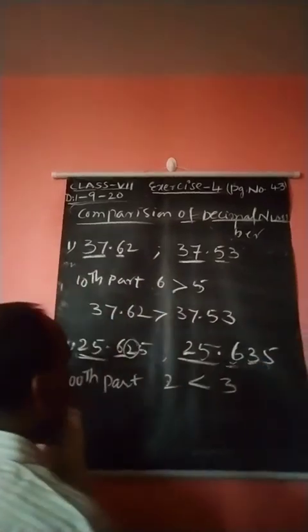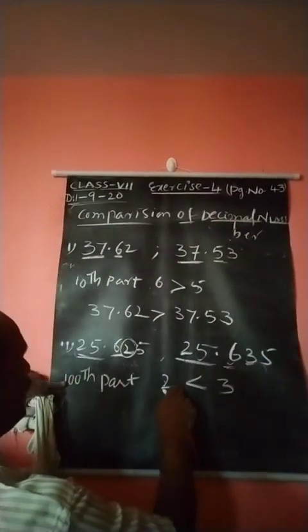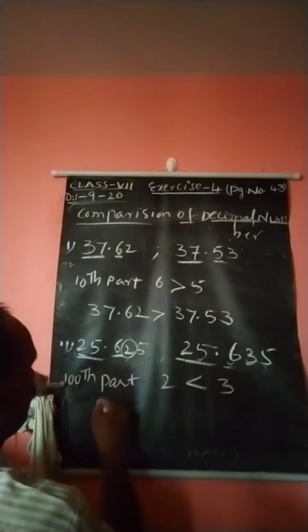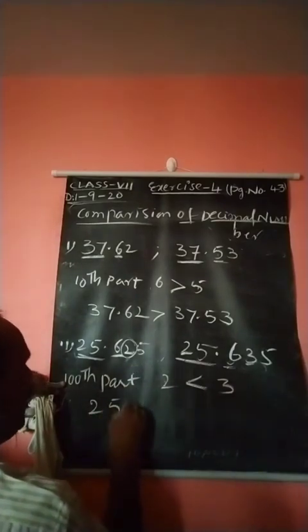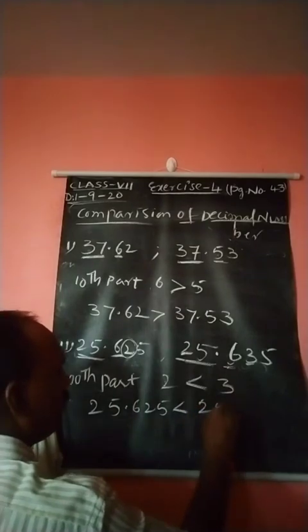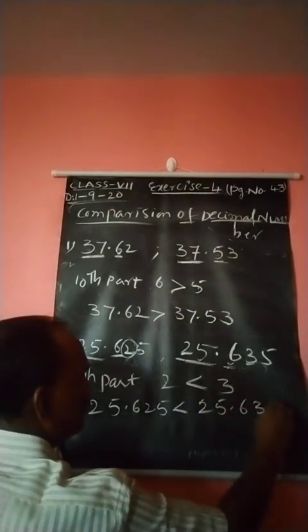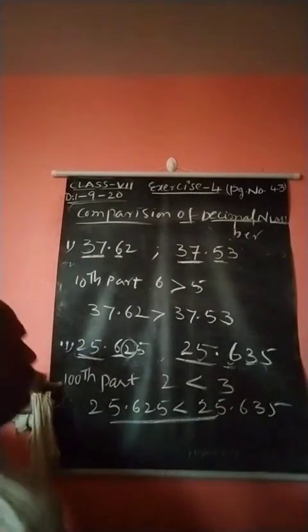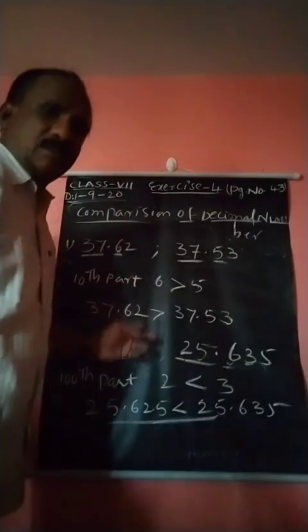So which number is lesser? This one, 25.625. So 25.625 is less than 25.635.